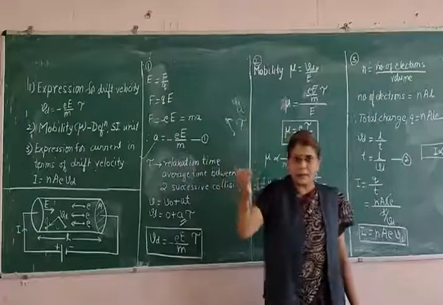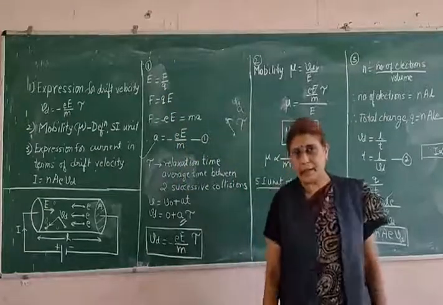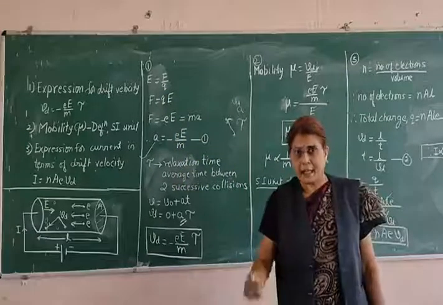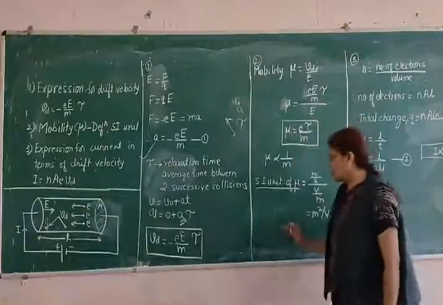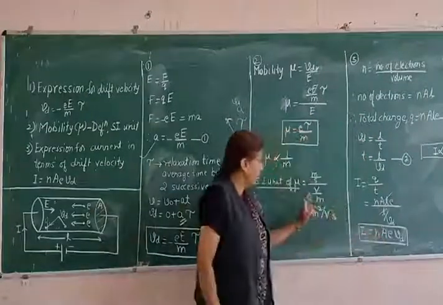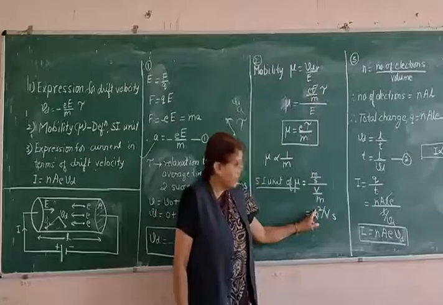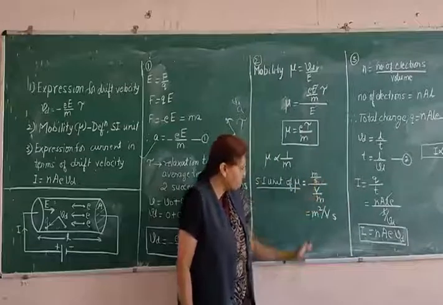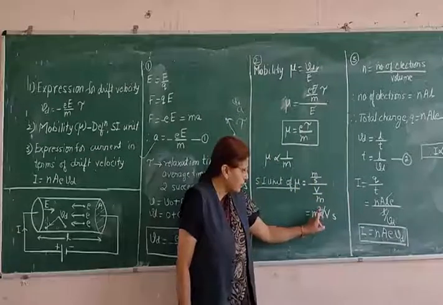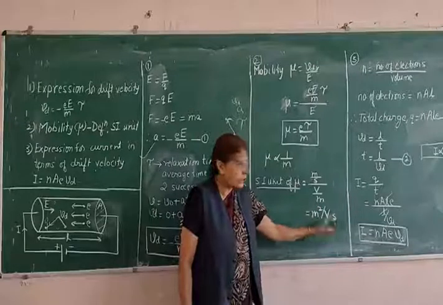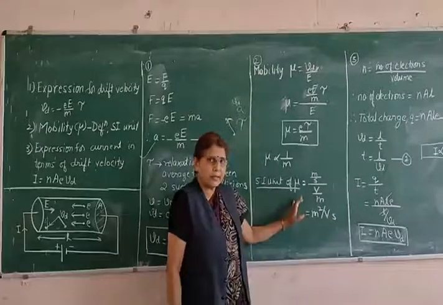Another unit is based on the equation E is equal to dV by dx, so it will be volt per meter. I will write the unit of electric field as volt per meter. If you simplify, meter comes to the numerator, and it will be meter square per volt second. So this is the SI unit of mobility.